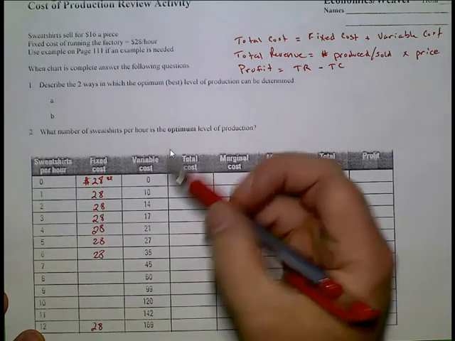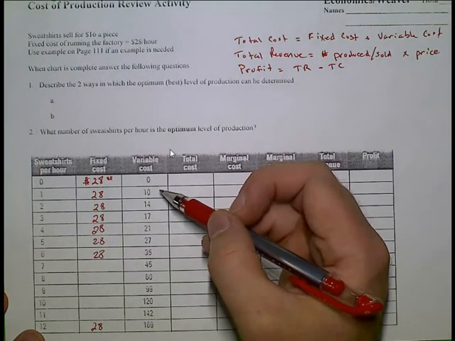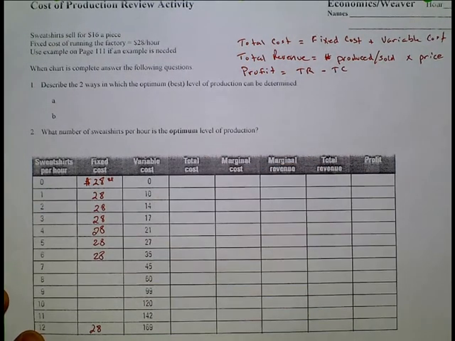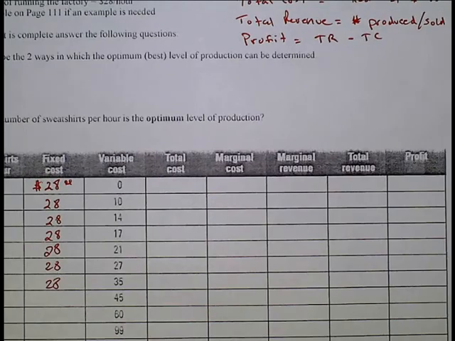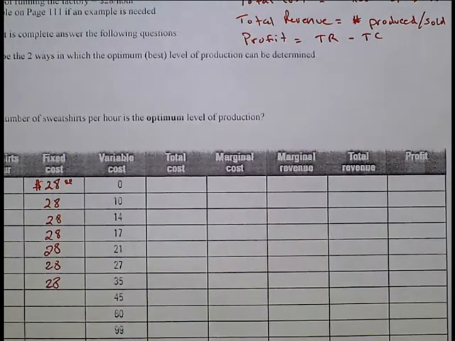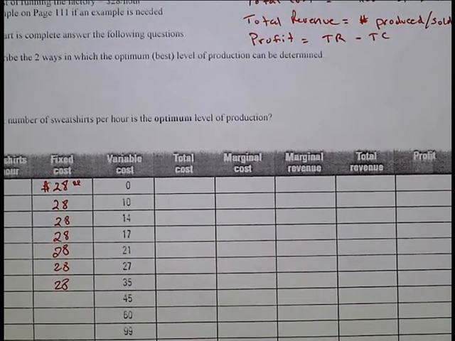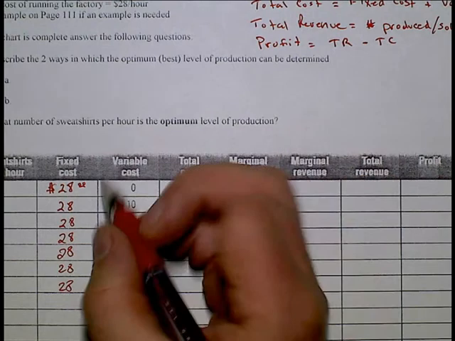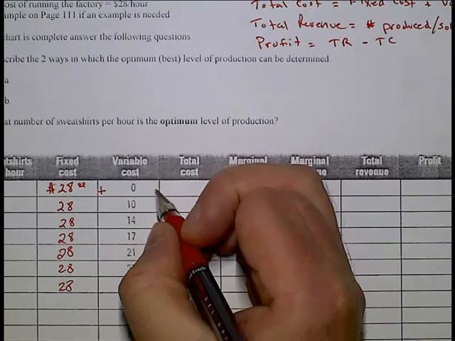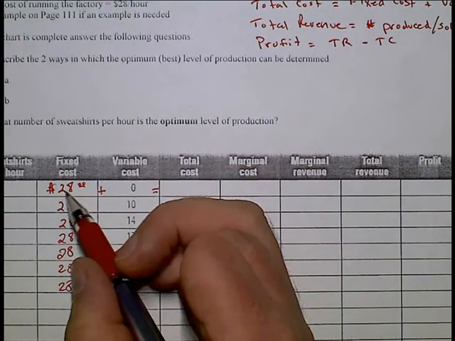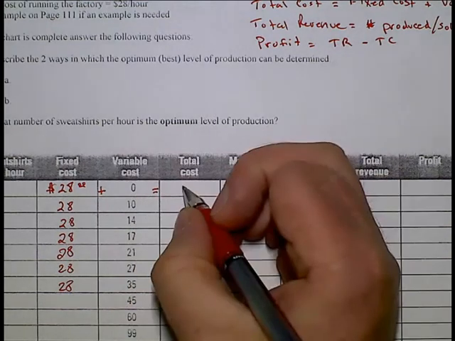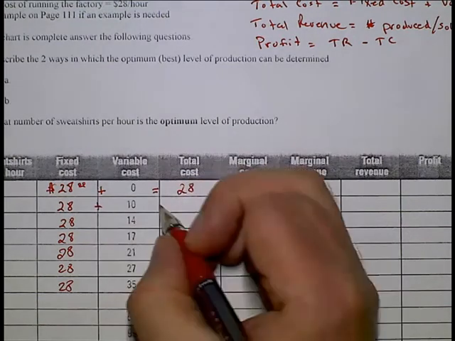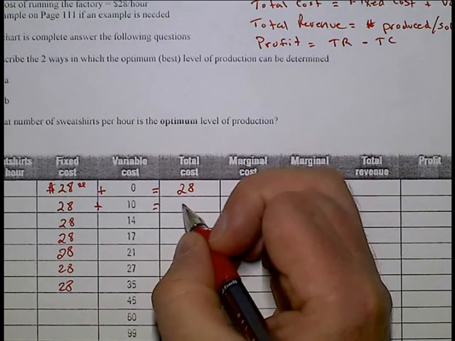Now, variable costs, of course, change. The name suggests that. These are things that go up or down depending on how much we produce. So that information has been given to us. Can we figure out total cost now? Fixed cost plus variable cost equals total cost.